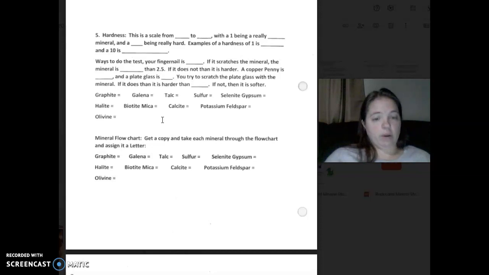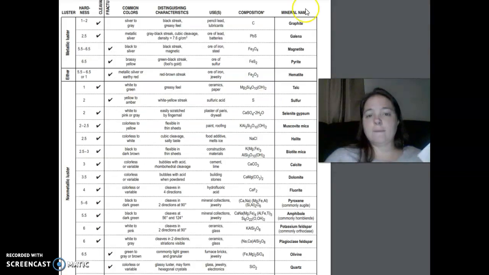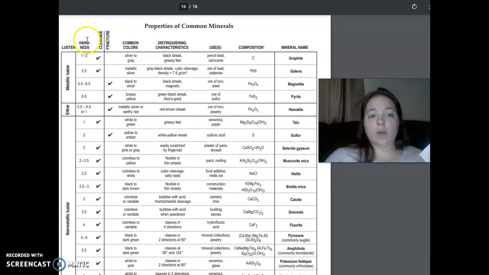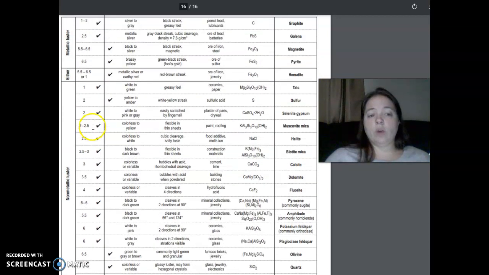You don't do it the other way around. If it does scratch, then it is harder than 5.5. If not, it's softer. So ideally, I'd have you go and mark all of these. You can see this in the hardness scale right here. Everything I'm telling you, you can find right on here. This is helpful for when we go through the flow chart.